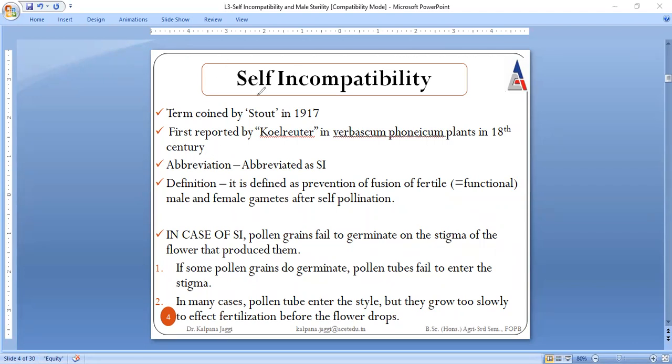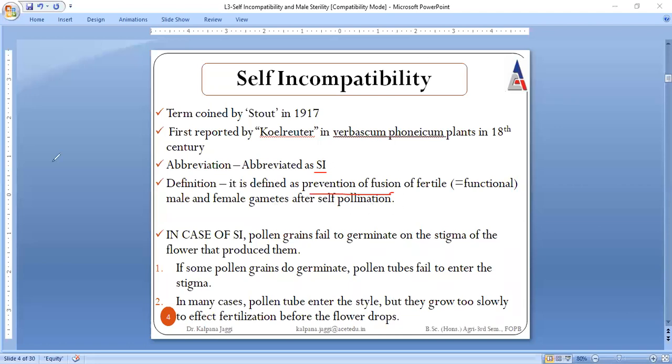Self-incompatibility is abbreviated as SI, and it is defined as the prevention of fusion. That means it is not allowing the fusion to take place. Fusion of what? Fusion of fertile male, that means functional pollen grains, and the female gamete after self-pollination.